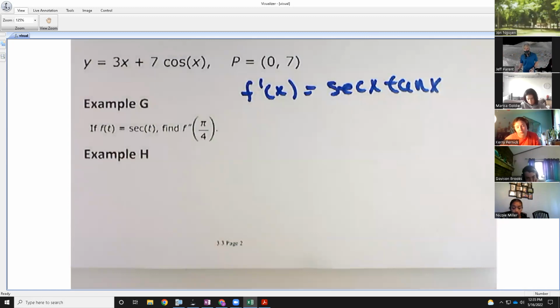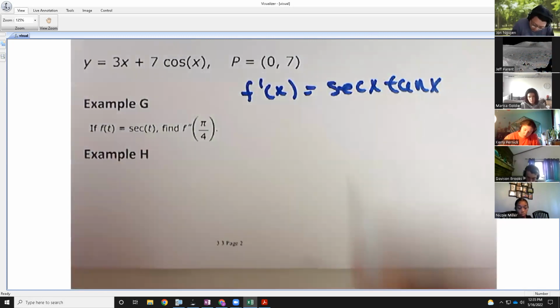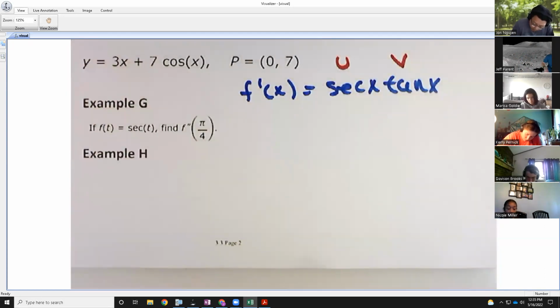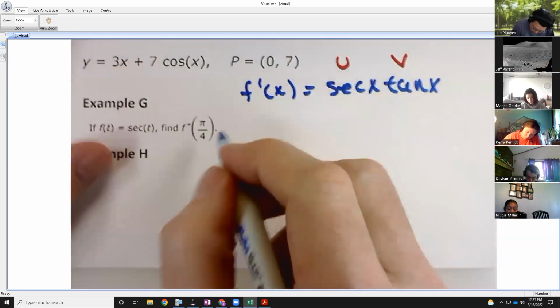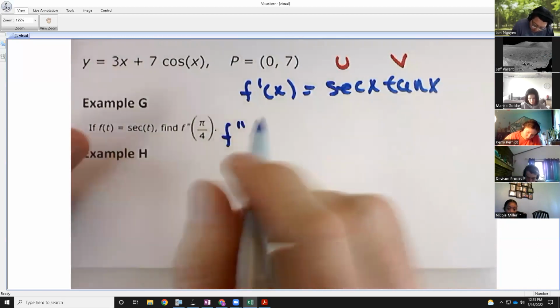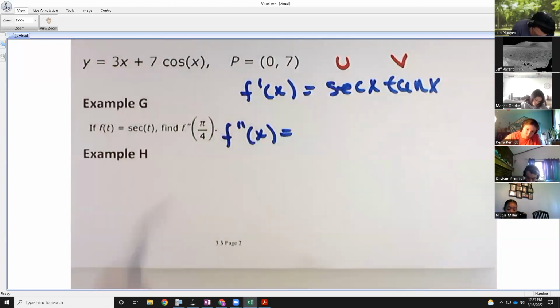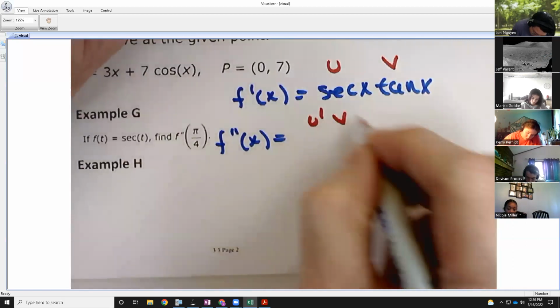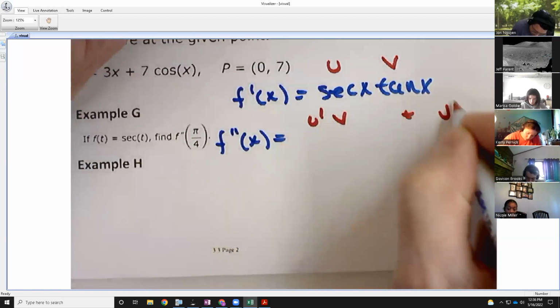Perfect. So let's use a product rule on that. I'll call that my u, and I'll call that my v. F double prime of x is going to be u prime times v plus v prime times u.